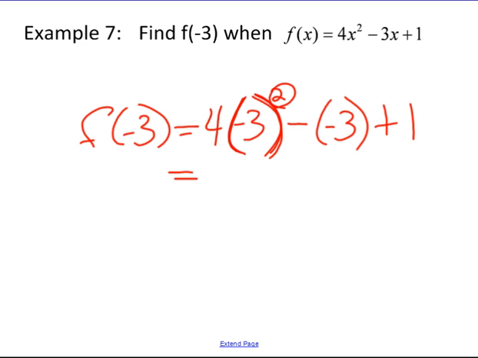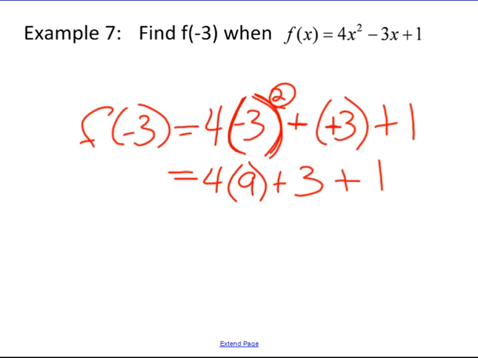What that means is negative 3 times negative 3. Negative 3 times negative 3 is a positive 9. Now I have a negative and a negative. That becomes positive, positive. When you're subtracting a negative, it means add a positive. So add 3 plus 1.